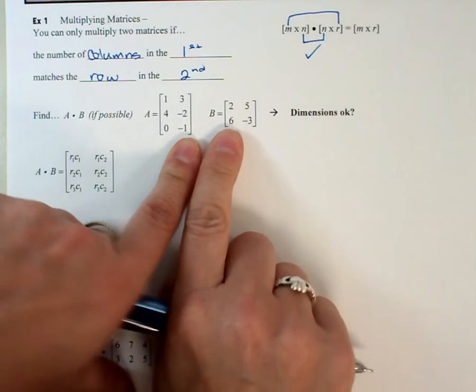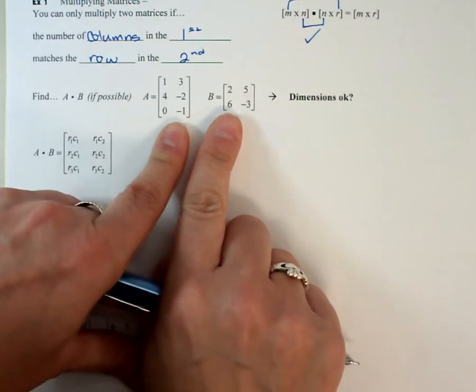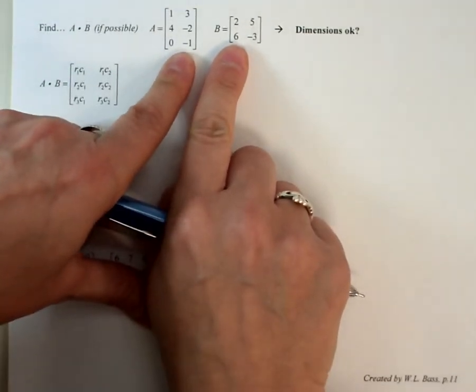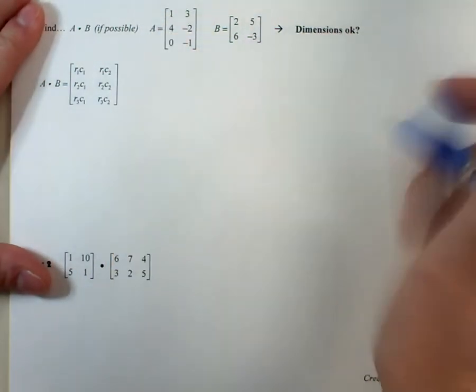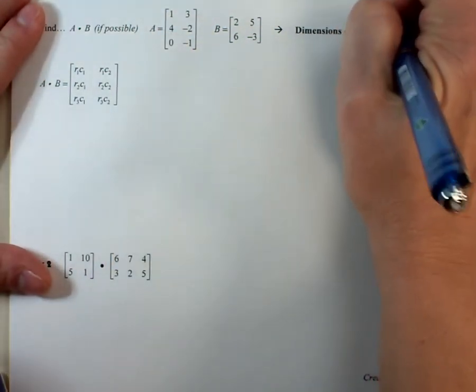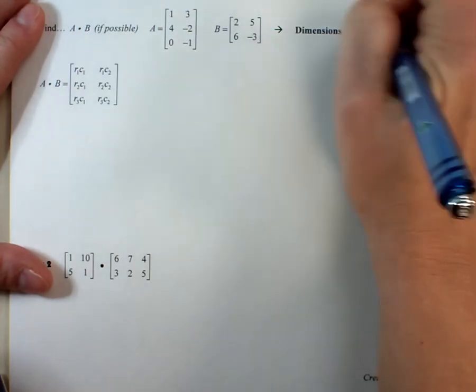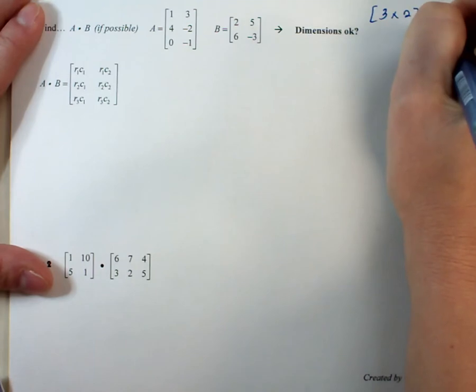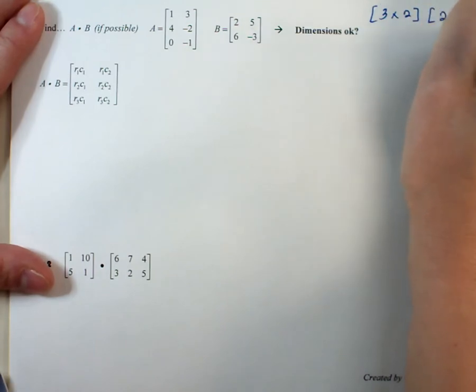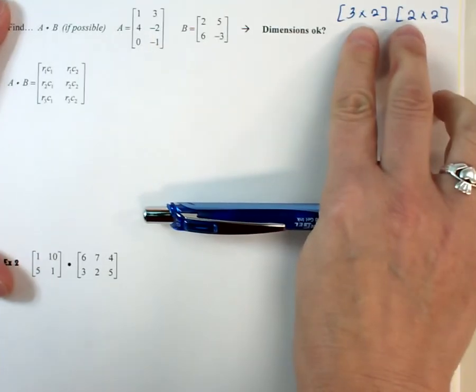So first of all, let's take a look at these two matrices. What we're going to do is first check our dimensions, just to make sure that we can even multiply. Let me slide this up a little bit more for you. So first we're just going to make sure we can multiply. The dimensions of A are 3 by 2, and the dimensions of B are 2 by 2. So these certainly couldn't be added together.